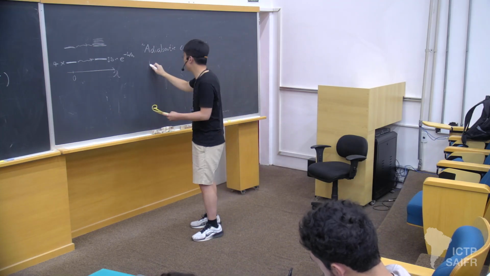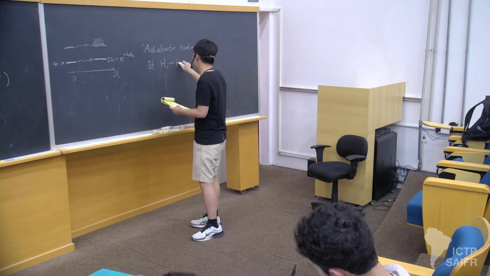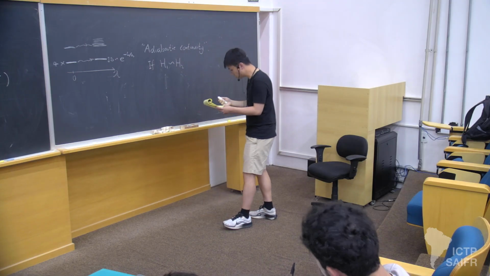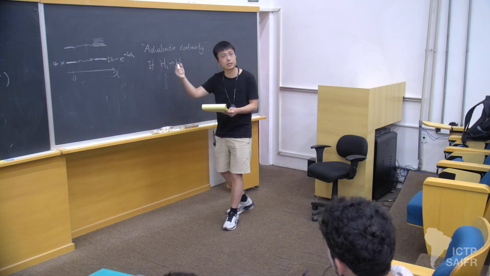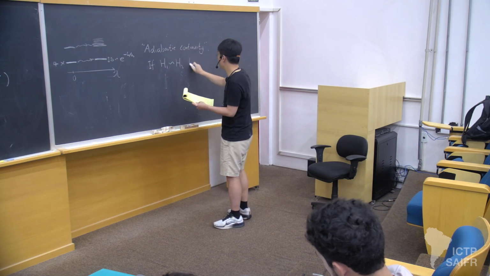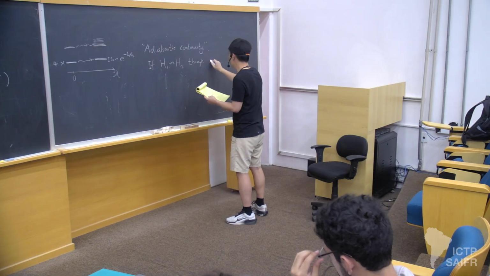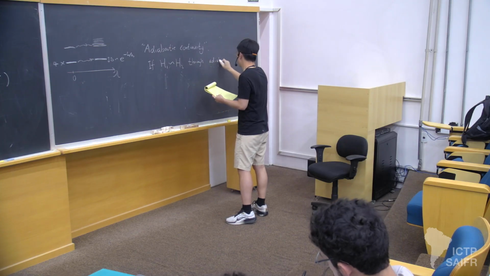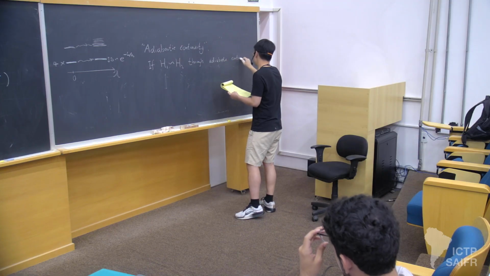So if I have 2 local Hamiltonians, they can be interpolated through such an adiabatically continuous path, through some adiabatic continuation.